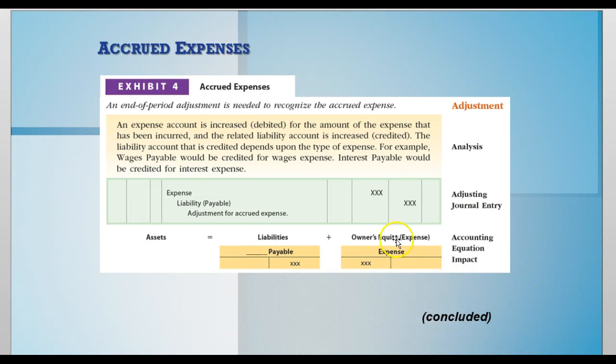Again, it keeps the equation in balance. Such as we had wages payable, $1,200, and that was for 2 weeks out. We would only have an expense for this period of $600 and adjust that liability.